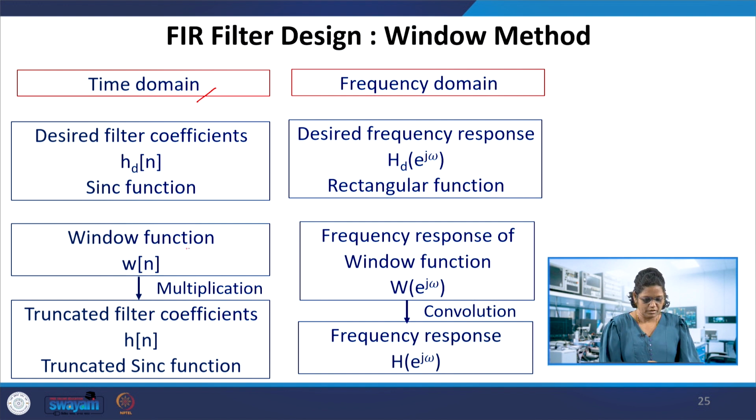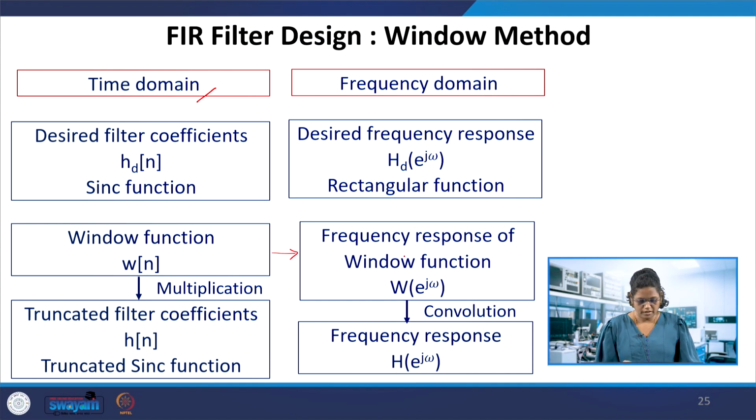Considering this is the desired frequency response of the filter, suppose we take the low pass filter with its corresponding filter coefficients, and we choose a window function, which may be a rectangular window, and get the frequency response of the window function as well.